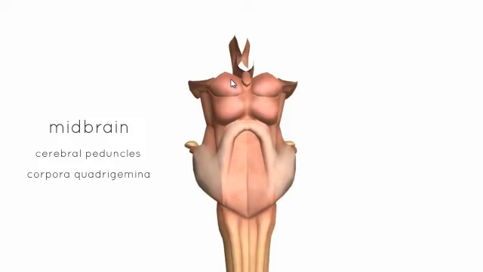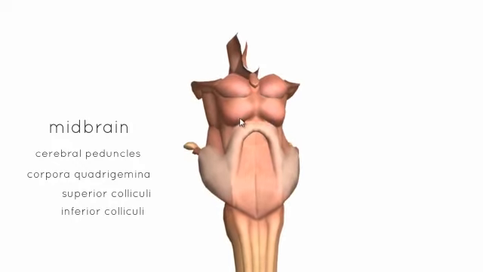This is Latin for quadruplet bodies, because obviously there's four little bumps. The top ones are called superior colliculi, and the bottom two are called inferior colliculi. The word colliculi is Latin for little hills, because of their appearance.